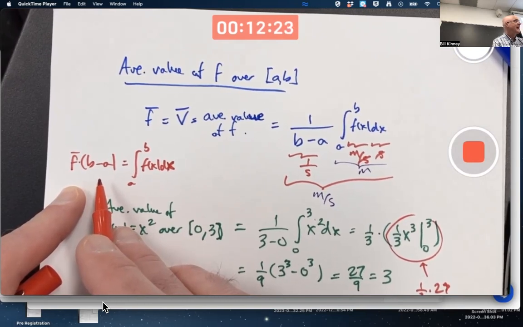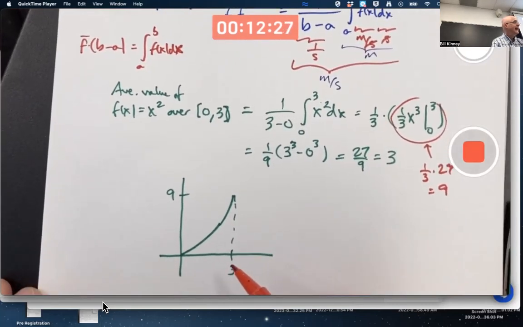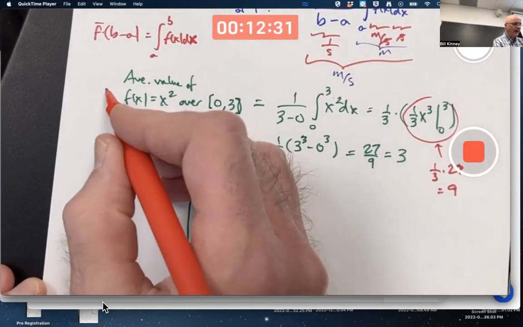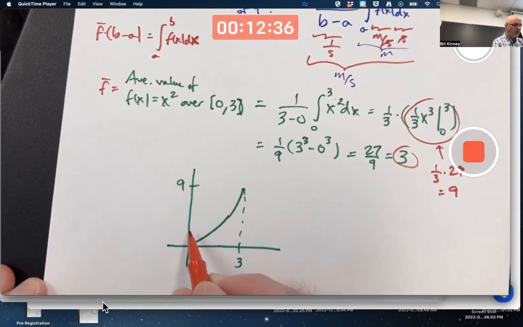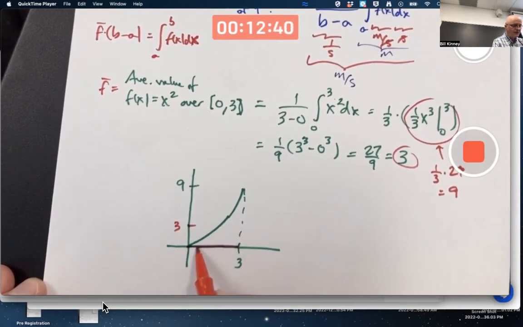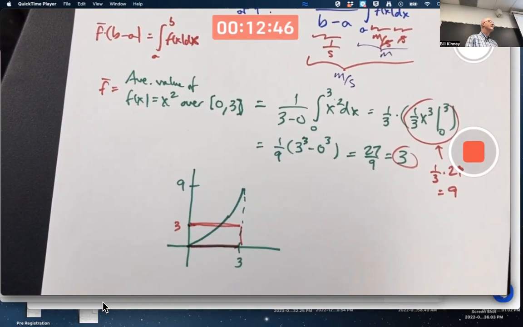Well, b minus a is the base of a rectangle I could draw. And f bar could be thought of as a height. We got a value of f bar here equal to 3. If I draw a rectangle with base from 0 to 3 and height of 3, that rectangle is going to have the same area as the region under the curve.